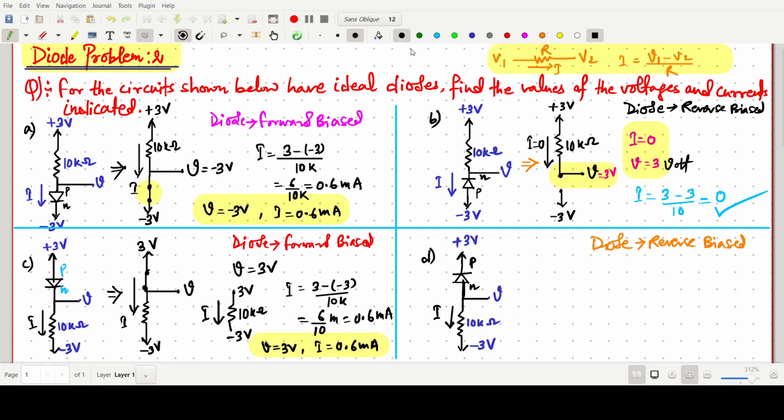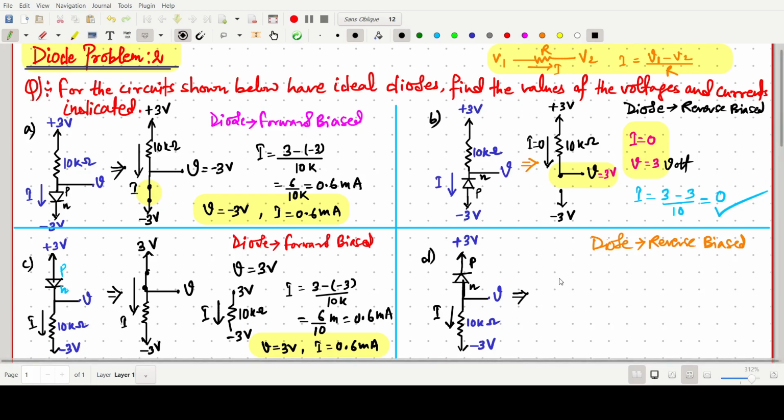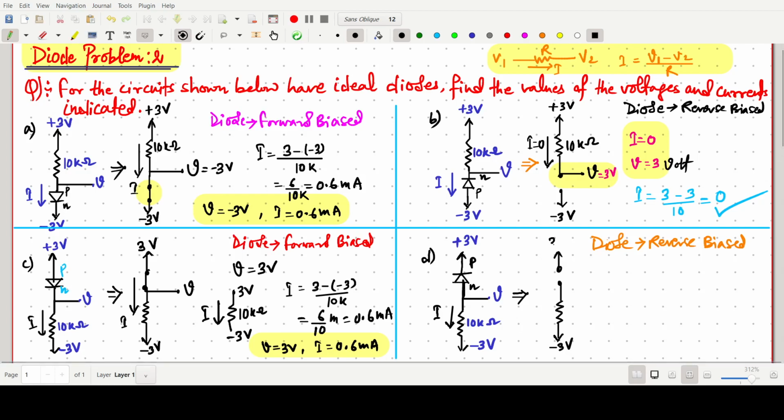Now we have to draw the equivalent circuit. It should be open, so make it open. And this should be minus 3 volt, we can write it plus 3 volt. This one will be our V open, and this will be I.